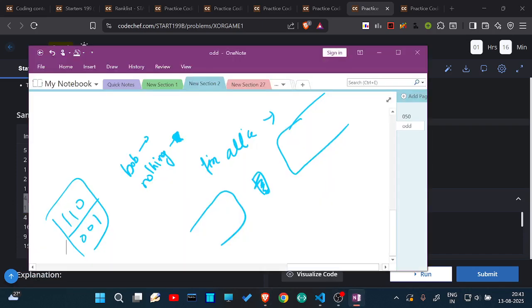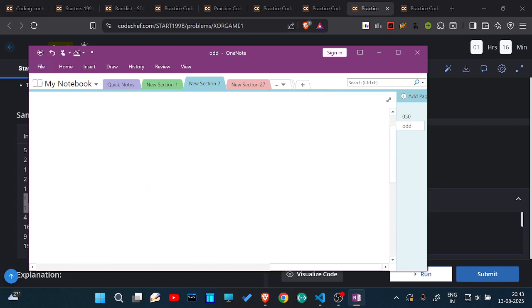1 0 3 4. So 1 has come 2 times and 4 has come 1 time. So these are odd ones. First of all, if you try to make it, you can do a self XOR, and then what will Bob do?